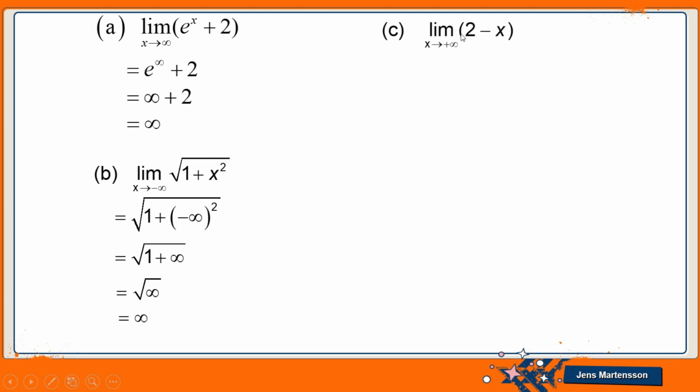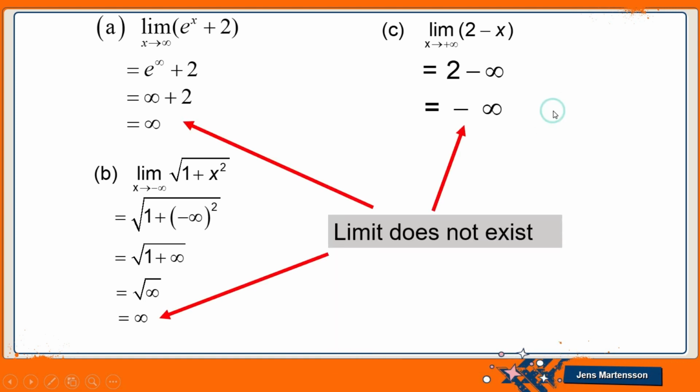Okay, C, the limit of 2 minus x when x approaches positive infinity. We substitute infinity in x, we get 2 minus infinity, and the answer is negative infinity. So we say that the limit does not exist.